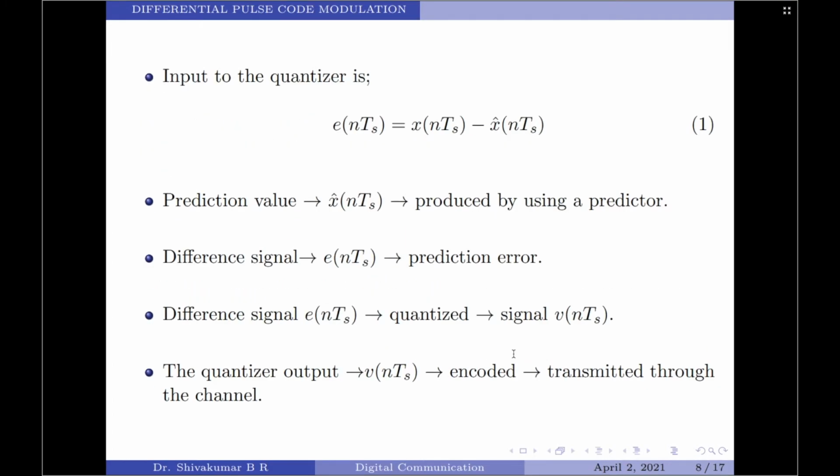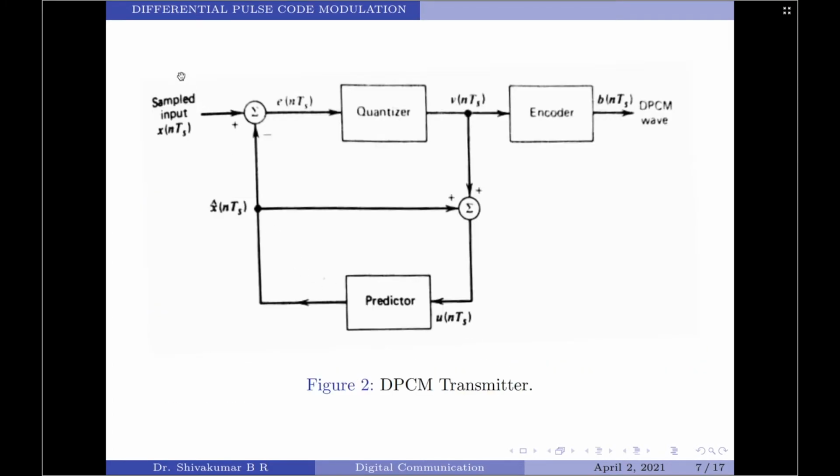Let us go back to the diagram once again. We have the input sample, which is represented as x of nTs. Then we have the predictor output, which is denoted by x cap of nTs, and the difference between these two is the error signal denoted by e of nTs, which also forms the quantizer input. Now, when the quantizer is applied on this signal, we obtain the quantizer output signal represented by v of nTs, which is equal to e of nTs plus the quantization error.